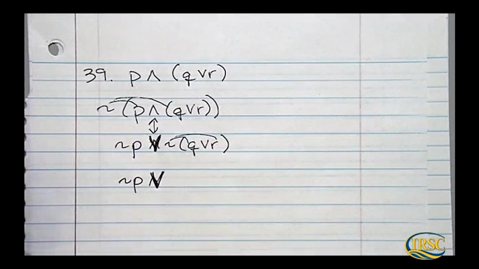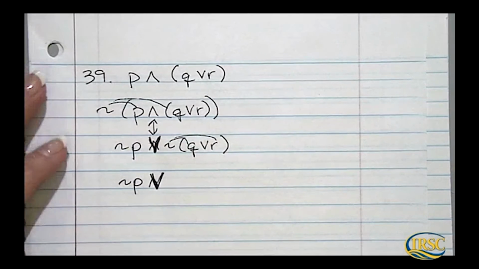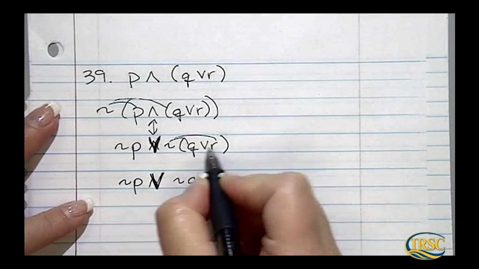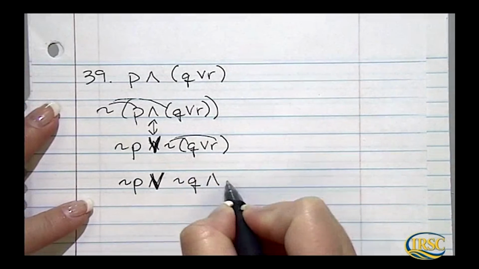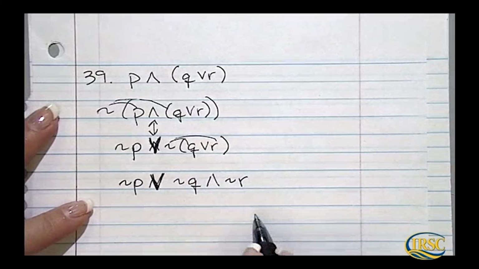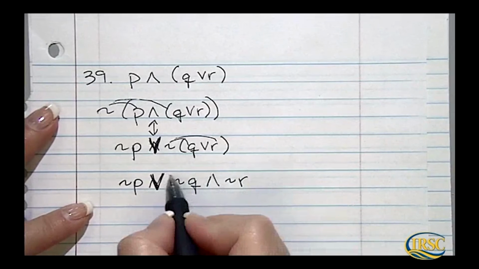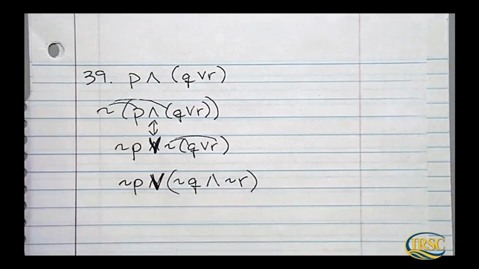So got to flip when you apply De Morgan's law. So then here I get not Q, and this or becomes an and, not R. But note that the right-hand side was already in parentheses to begin with, so we got to keep parentheses around that. Yes? So that is your final answer.